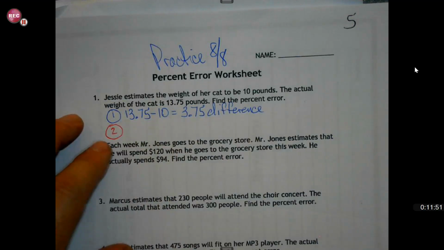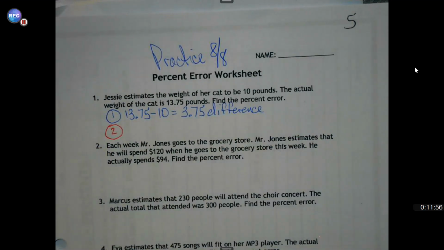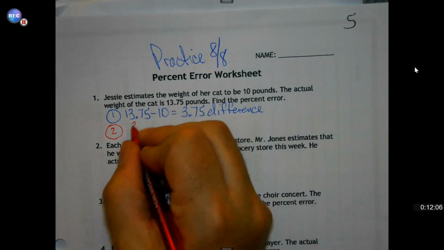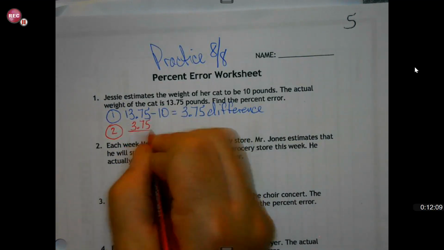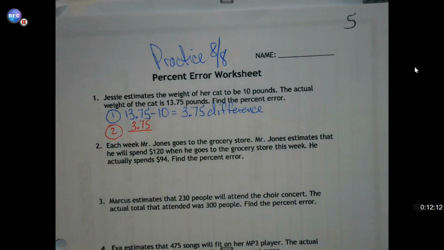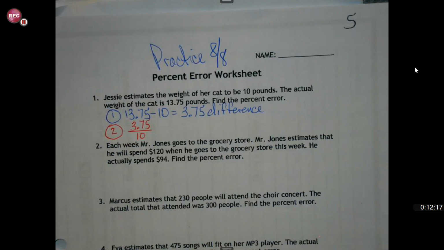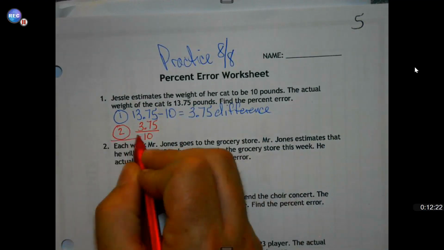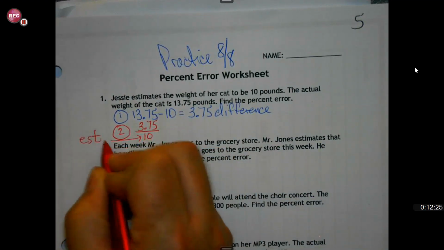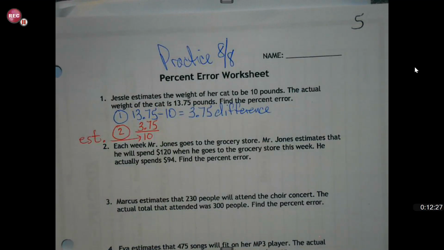Once you have that value, and I'm going to look at one thing quick, make sure I am not doing silly stuff like I did yesterday. Okay. We're going to take that difference, and we're going to take our estimation, and we're going to divide by that, okay? So again, this is always going to be what we're guessing, what the estimation is going to be.